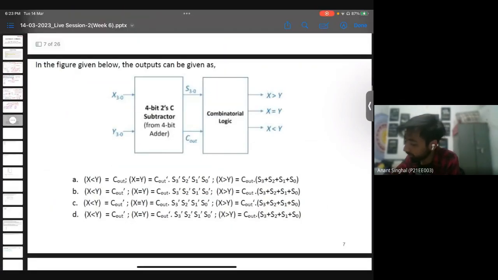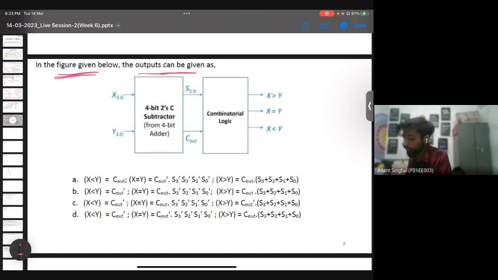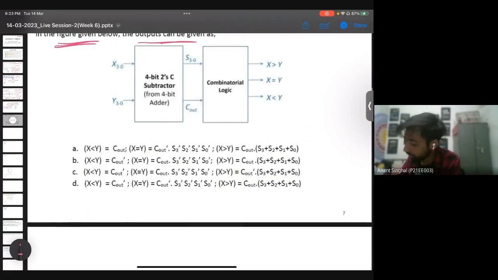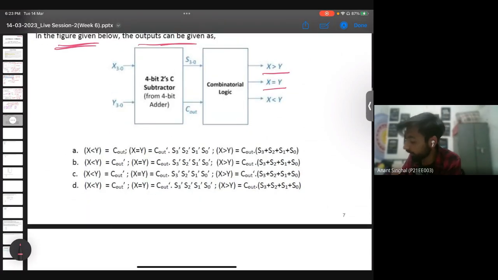This is again an interesting question. It says in a given circuit, the output can be given as. It is asking for three properties: when x is greater than y, when x is less than y, and when x equals y.